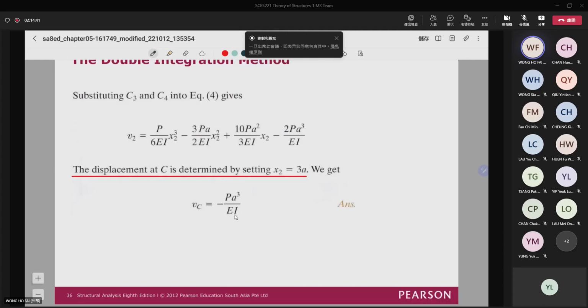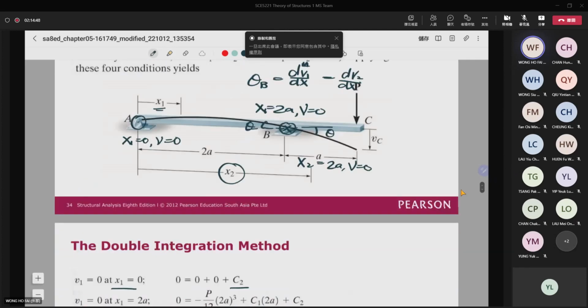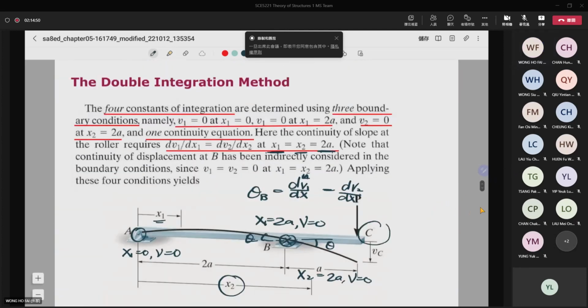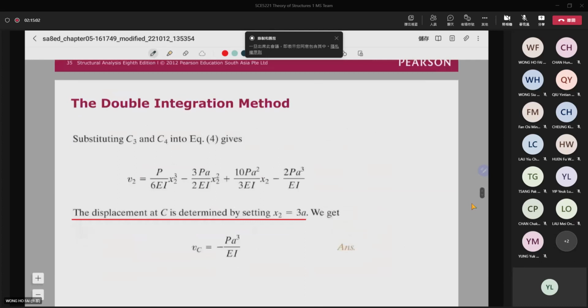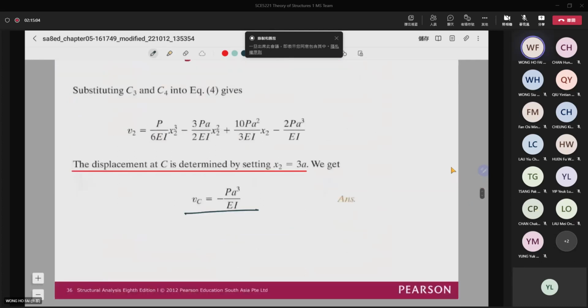And then we can put x2 is equal to 3a, because right here we want to find the deflection at the ends of the beam. Then we can see that the deflection is equal to negative PA cubed over EI.